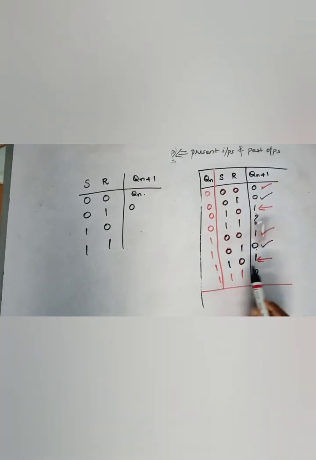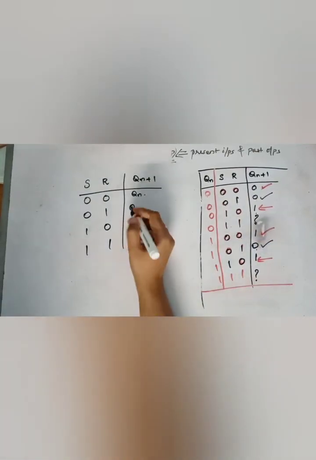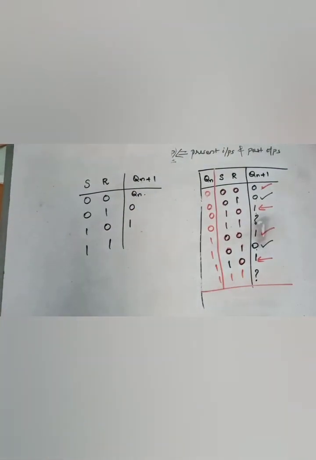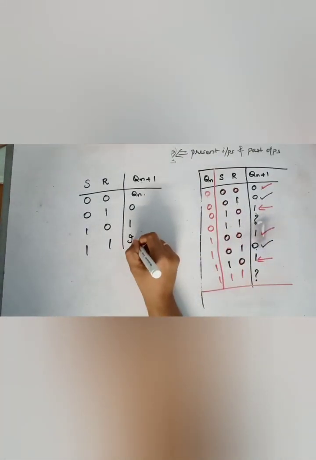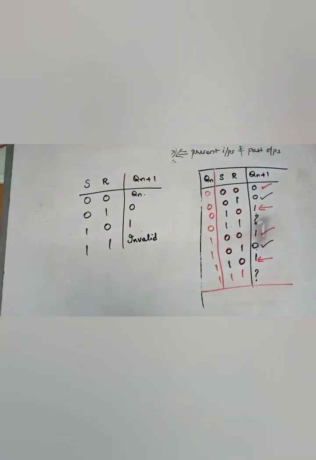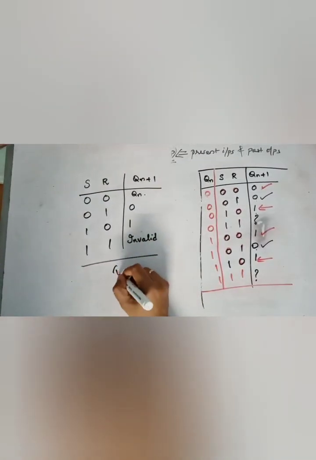Qn 1, Qn plus 1 is 1. So whatever be Qn, Qn plus 1 is 1. 1 1, both are invalid states. You can write invalid or put a question mark. Both are the same.